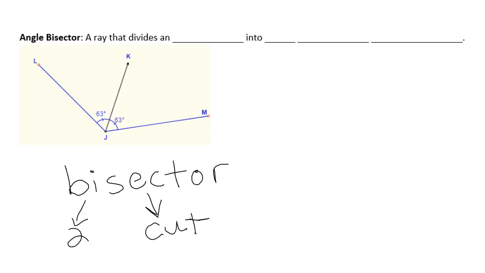So an angle bisector is a ray that divides an angle into two equal parts. So it's like taking the amount of money that you have and cutting it in half. You keeping half, you giving your spouse the other half.